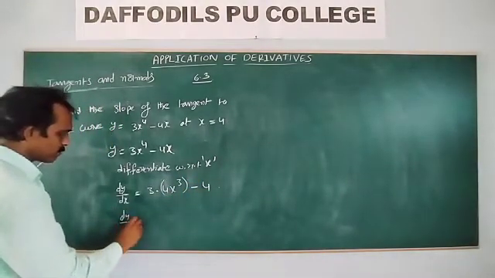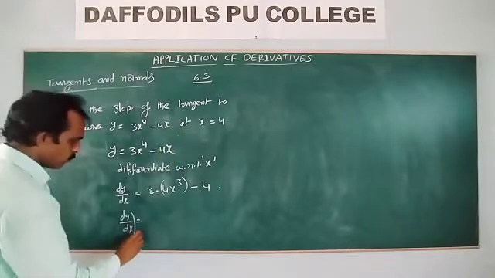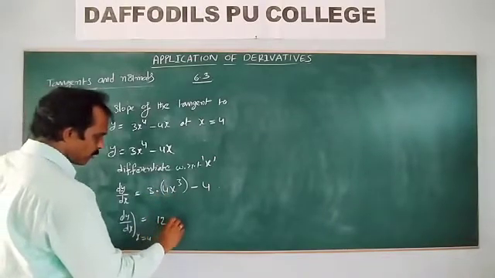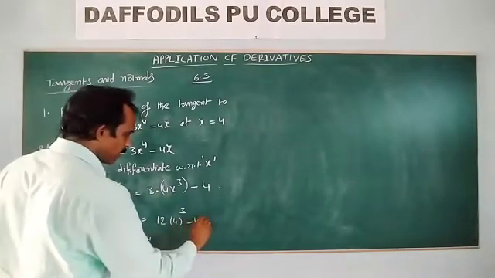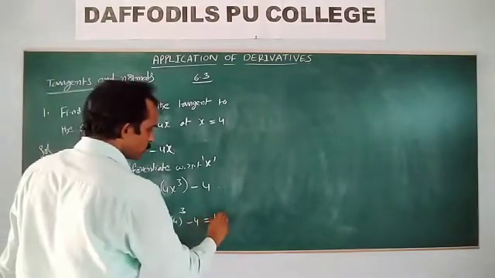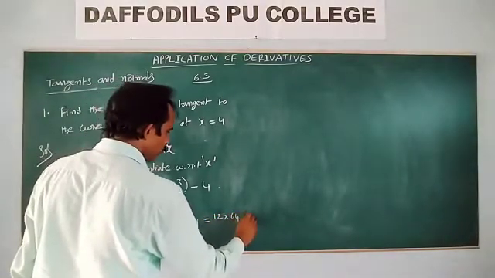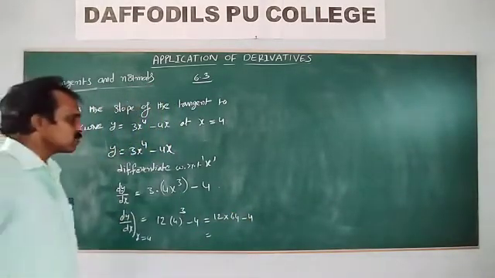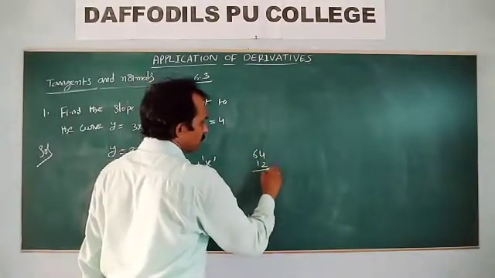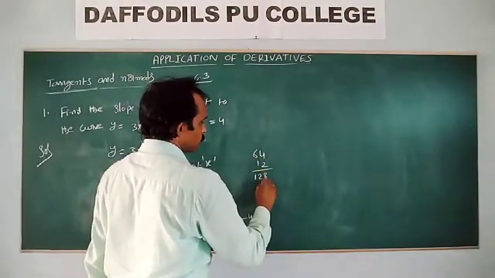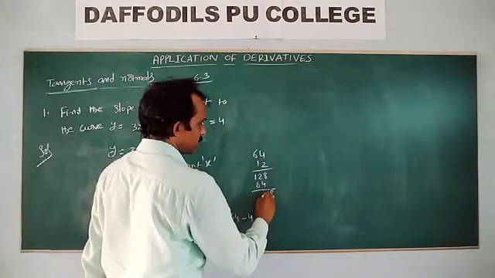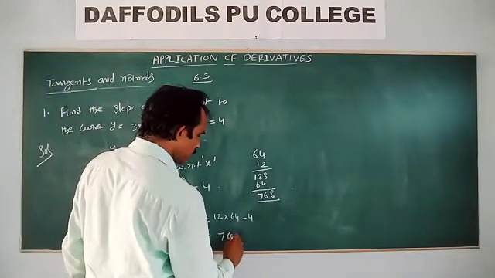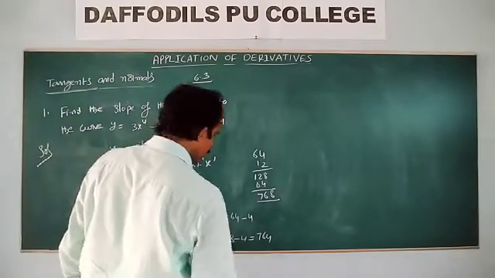dy by dx is equal to, at x is equal to 4, 3 fourths, 12 x plus 4 cube minus 4. 12 into 4 cube, 64, minus 4. 12 into 64, multiply 8 and 12, 4 6 8 6, 768. 768 minus 4 implies 764.